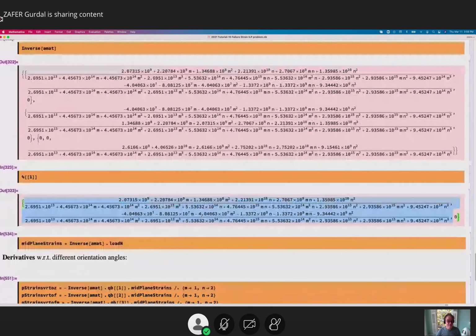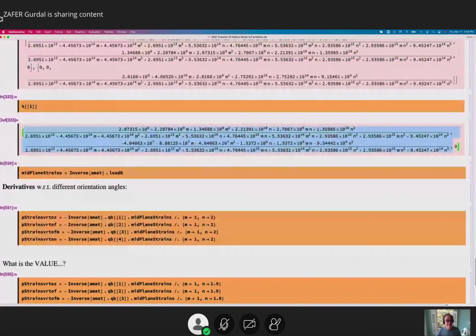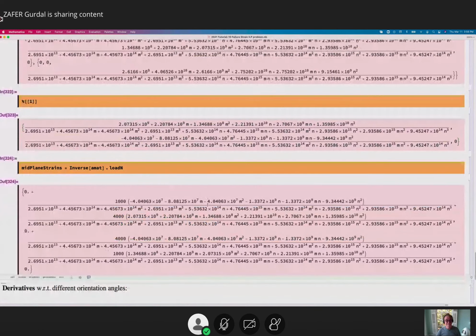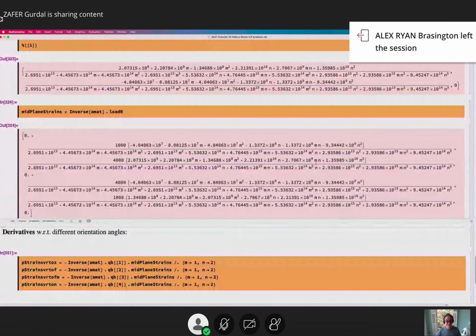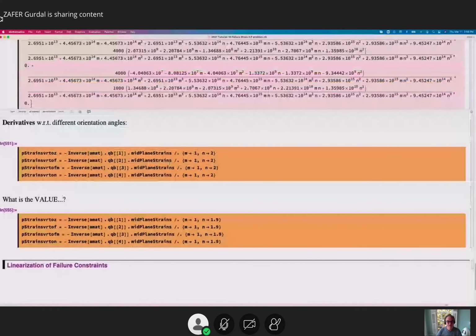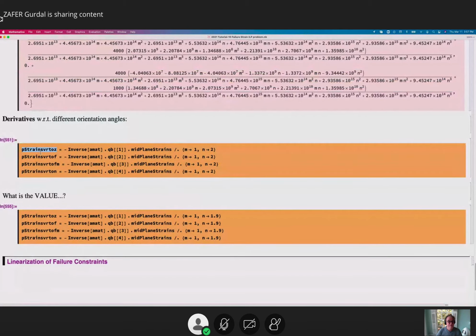Well, it is there. So if I dot that with the load N, which is constant, I get all the midplane strains in terms of expressions. These are also fairly complicated, but by putting the M value of 1 and N value of 2, I can compute the derivatives.